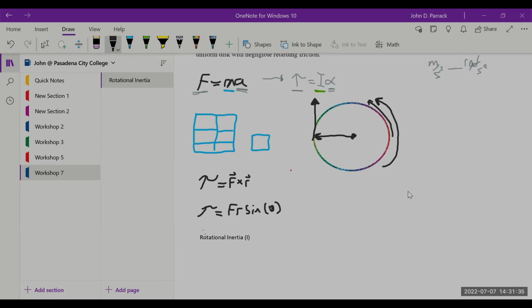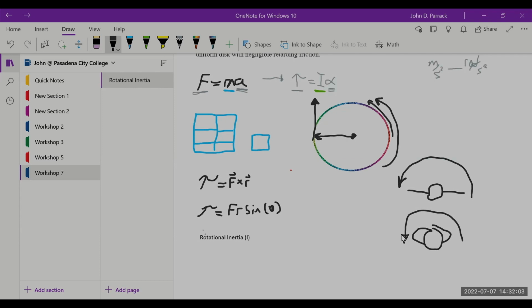The figure skater will begin a spin with their arms spread out. They've got their mass spread over a distance, and they're spinning up in this direction. And then when they're ready, they'll tuck their arms tight to their body. And what you'll see is that they begin to spin faster.